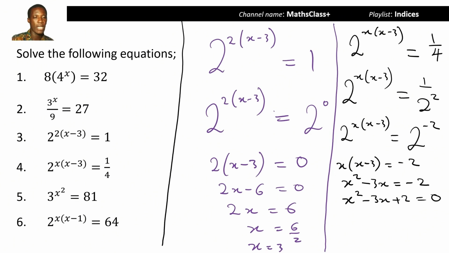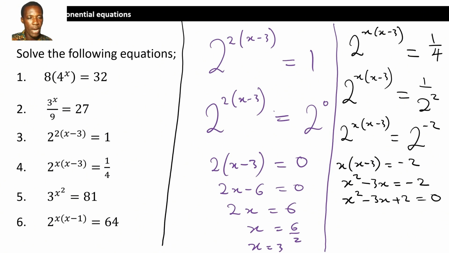Now we want the factors of 2 that when we add, will give us negative 3. What would that be? So if I multiply negative 2 by negative 1, the result will be positive 2. But when I add, I'll get negative 3, right?